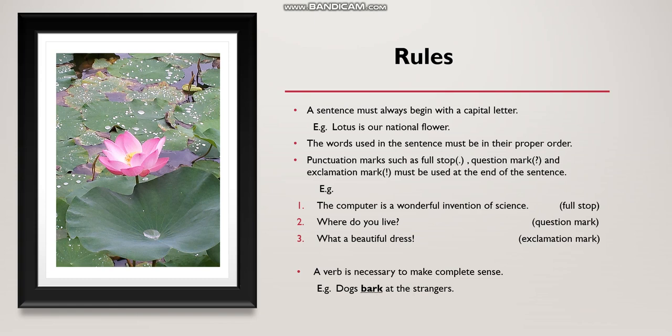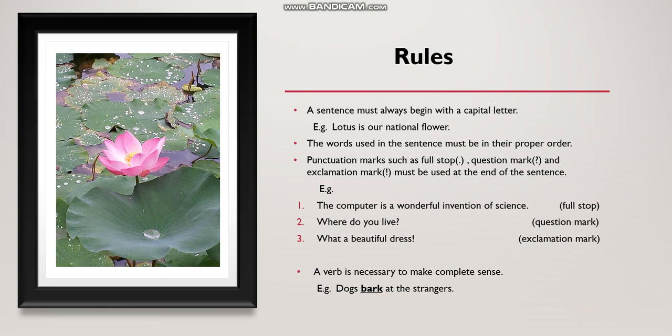Now let us move to the fourth point. A verb is necessary to make complete sense. Let us look at the example given below. Dogs bark at the strangers. After reading the statement, we come to know that dogs bark at the strangers, the people they do not know.